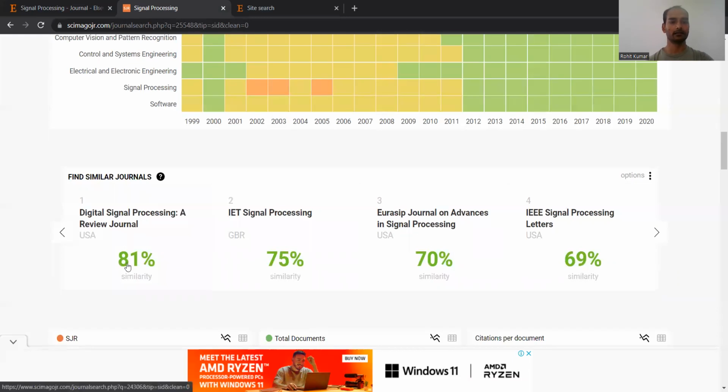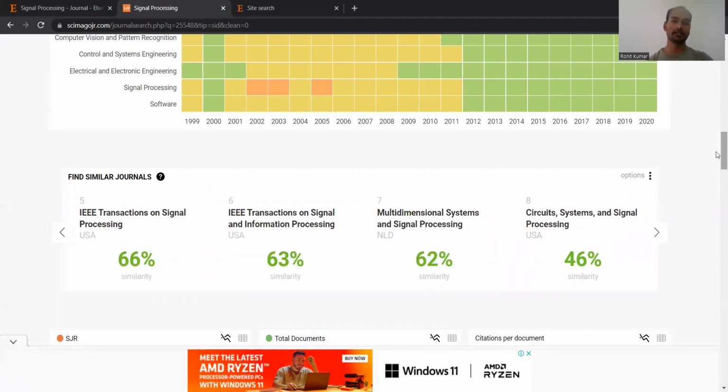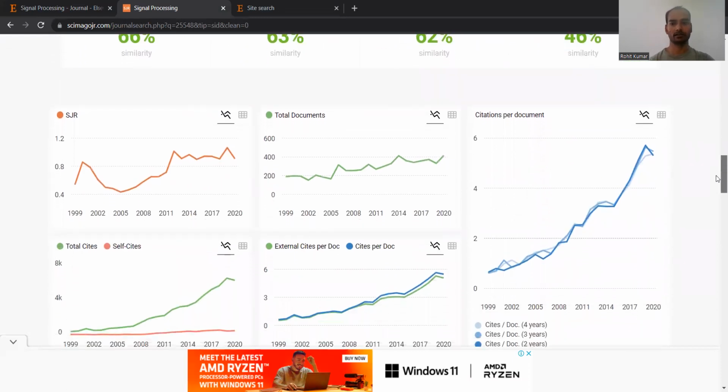There are quite similar journals: Digital Signal Processing, a review journal if you are focused on review writing, IET Signal Processing, EURASIP Journal on Advances in Signal Processing, then the IEEE Signal Processing Letters. Additionally, some more are available here. Go into the details and explore the homepage of the respective journals for their aims and scopes, and if your work maps, please choose a particular journal.